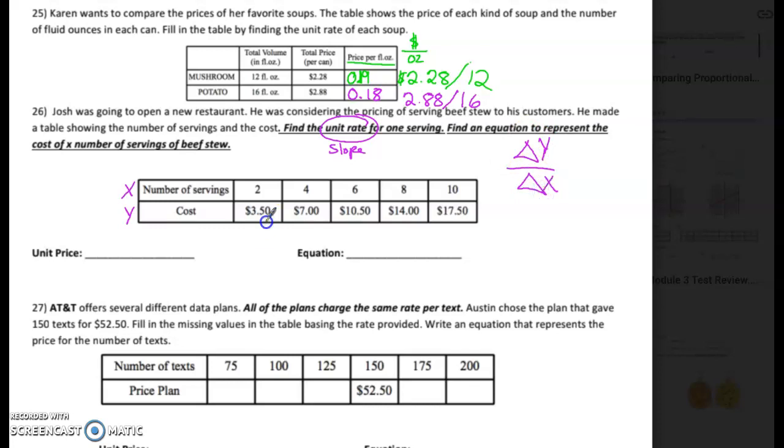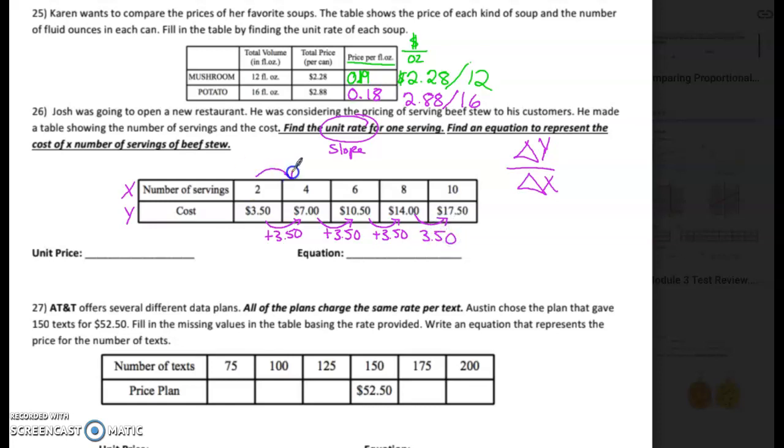So we go from $3.50 to $7. We have to go up $3.50. To go from $7 to $10.50, we again go up by $3.50. From $10.50 to $14, again we're going up $3.50. $14 to $17.50, again we're going up $3.50.